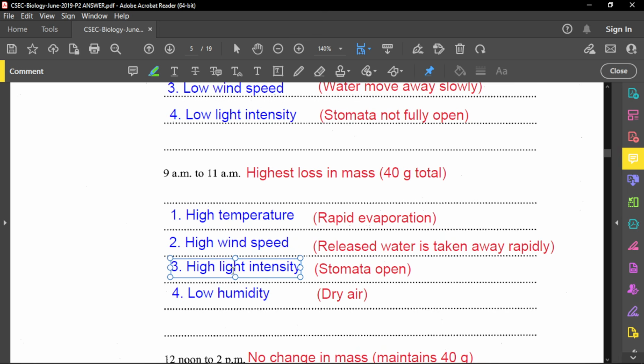You can also have high light intensity, in that the stomata will be fully open, and that makes evaporation much easier. A low humidity as well means that the air is dry, and since the air is dry, then you can have more water releasing into the atmosphere.